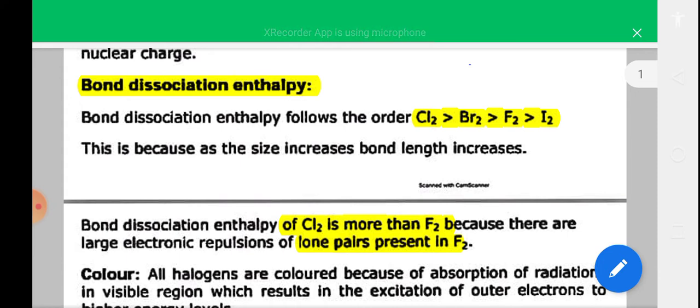This is because there is large lone pair repulsion between two fluorine atoms. Due to the smaller size of fluorine, three lone pairs of electrons are present on each fluorine atom, and due to large lone pair repulsion between two fluorine atoms, the bond dissociation energy of fluorine is much less than that of chlorine.